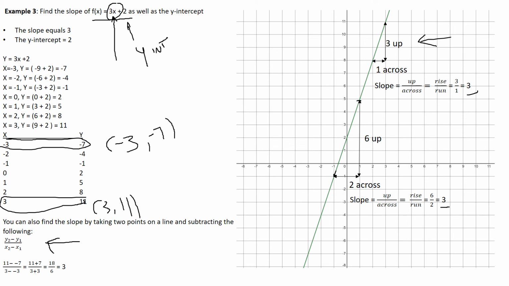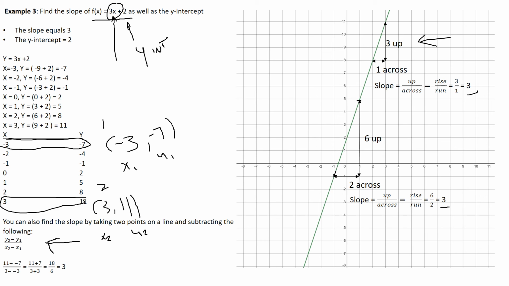This is my first point, so this is my x sub 1, my y sub 1. Here's the second point, x sub 2, y sub 2.